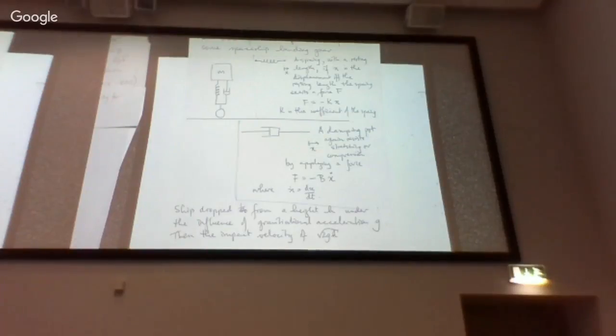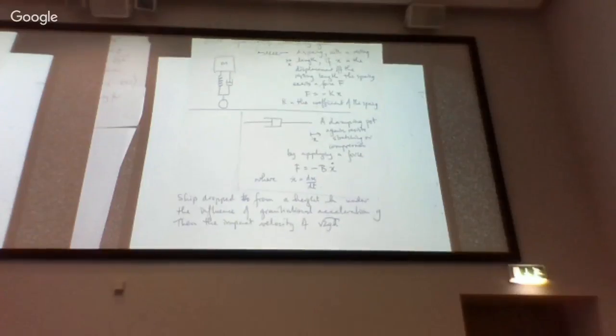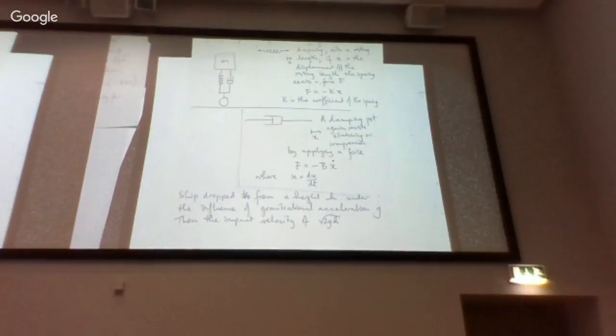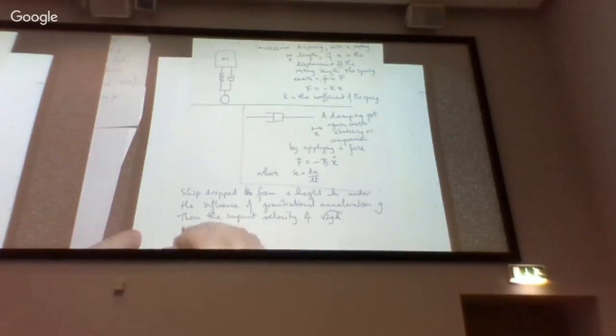Okay, so the square root of 2gh will be its impact velocity. So suppose we're given values of these coefficients. Suppose we've got a mass of 50 units. The damping coefficient is 180. Spring coefficient, say, is 474.5. These are the figures I'm using.